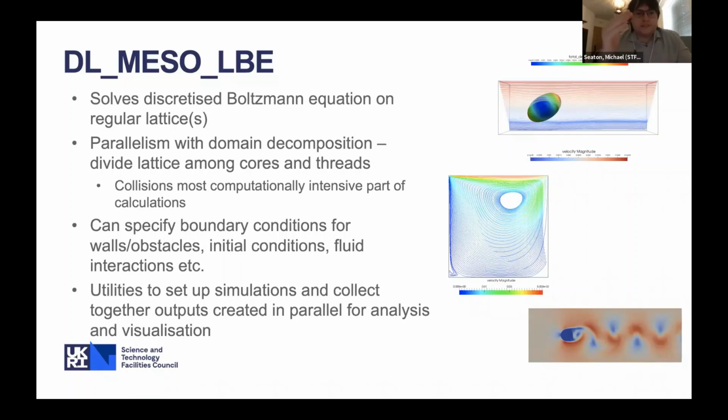But in our DL_MESO lattice Boltzmann simulation, we can also specify boundary conditions for walls and obstacles, the initial conditions, fluid interactions, and so on and so forth. And there are various utilities available to help us set up simulations and collect together outputs created in parallel to analyze and visualize what we've modeled.